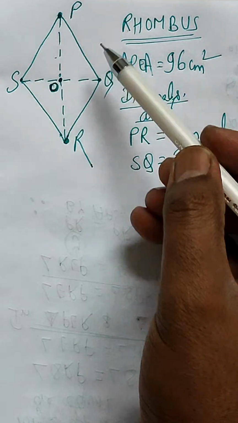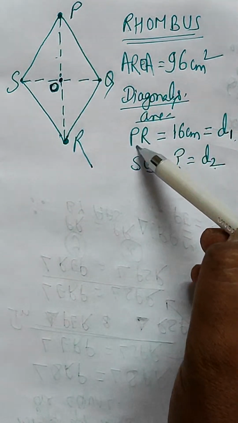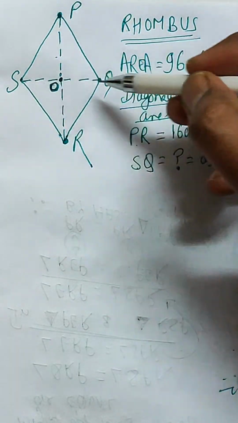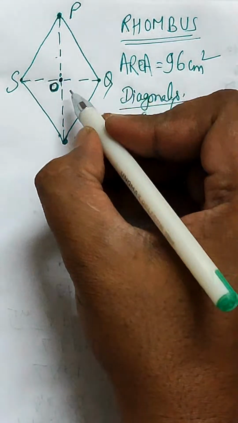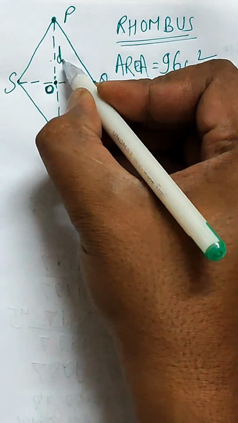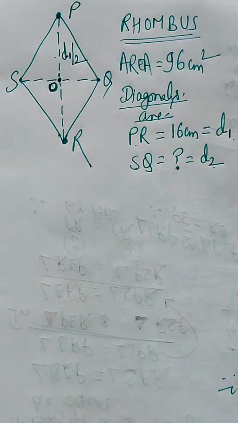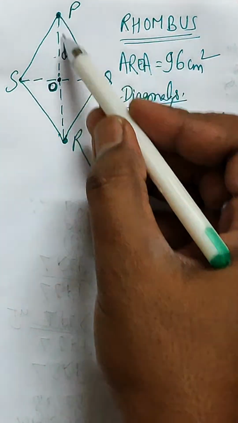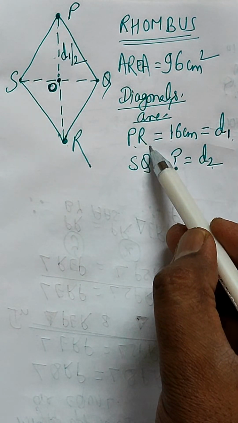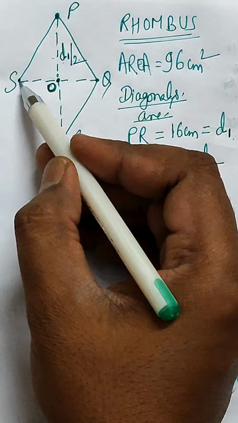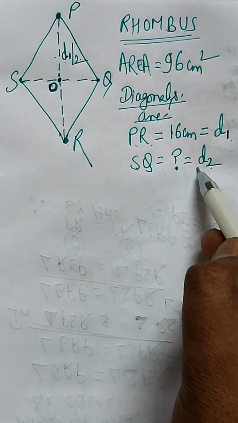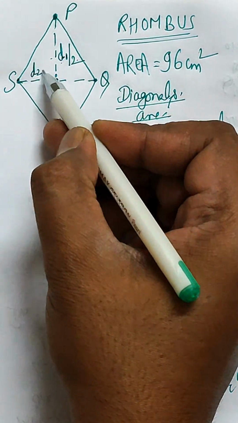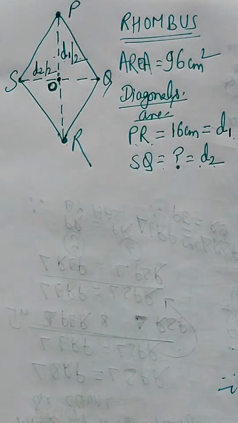Then if PR is the diagonal D1, and the diagonals bisect each other, then the length of OP will be D1 by 2, because OP is half of PR. Similarly, if SQ is the diagonal D2, then SO will be D2 by 2, right?